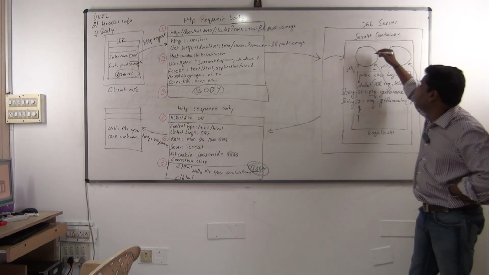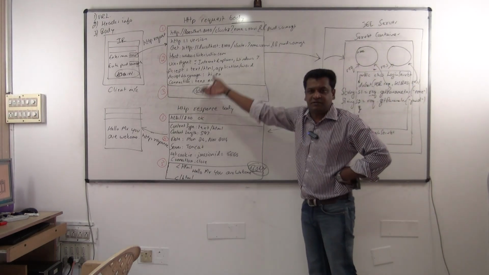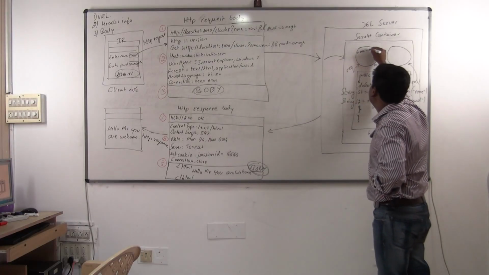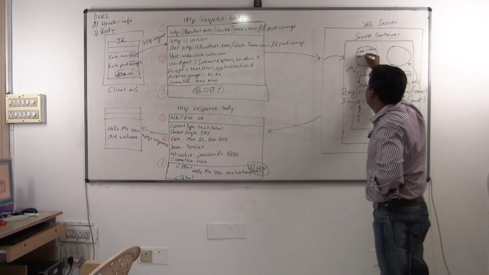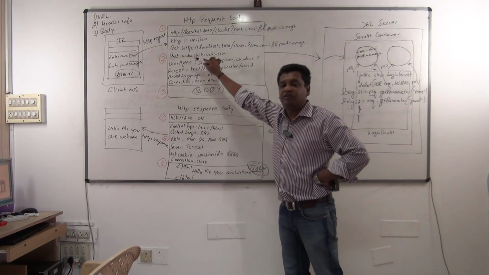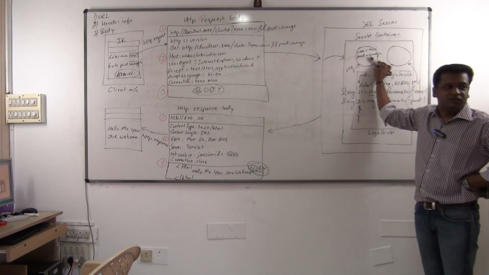So these two objects get created, and in this request object, whatever values have come in the request will be put into the request object. I am just writing two values here. Even the IP address of the client, all this information will be put into this request object.